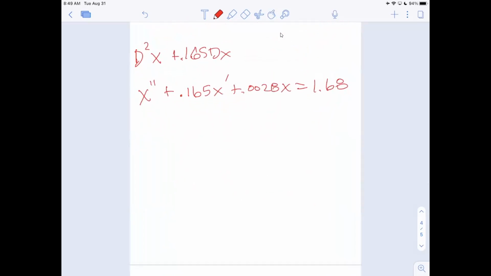I'll just ask this rhetorically, but are you a person now who says I'm going to take the Laplace transform of both sides of that, or are you just the person that says I'm going to take a guess? I'm going to choose to take a guess. First, I'm going to get the homogeneous equation where this is all equal to 0. And my auxiliary equation is r squared plus 0.165r plus 0.0028.